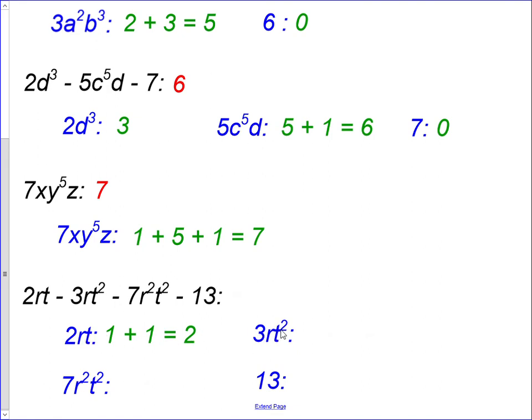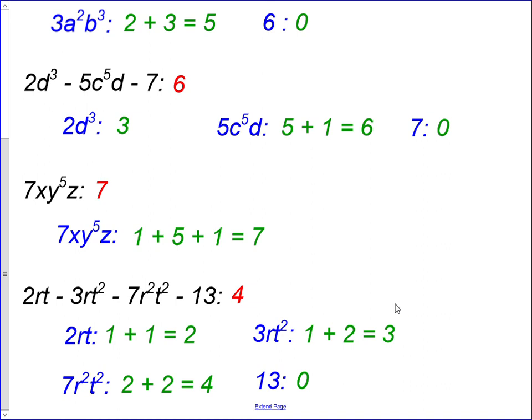This one, we're going to do 1 plus 2, so it has a degree of 3. On 7r squared t squared, we're going to do 2 plus 2, which is 4. And again, a constant has a degree of 0. Well, 4 is the highest of all these degrees, so we'll say that this polynomial has a degree of 4.